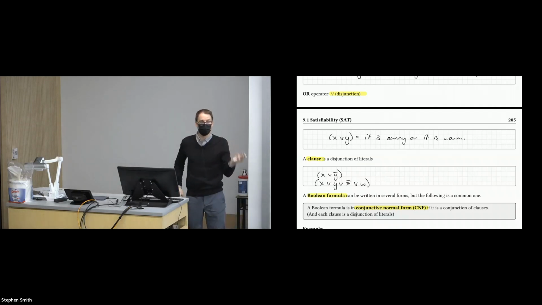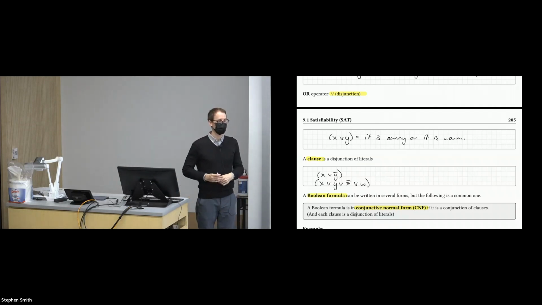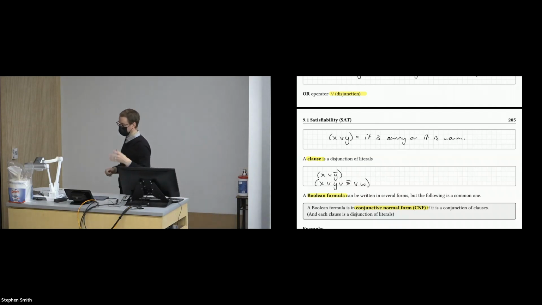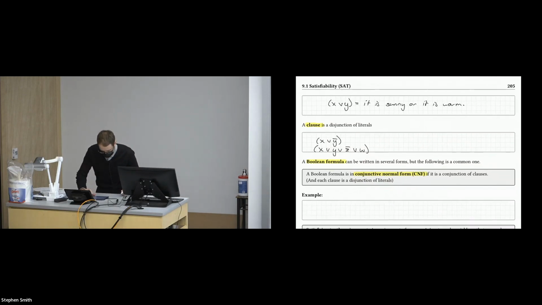So it's a conjunction of clauses, and each clause is a disjunction of literals, an or of literals. A Boolean formula is in conjunctive normal form if it is a conjunction of clauses, and by definition, each clause is a disjunction of literals.